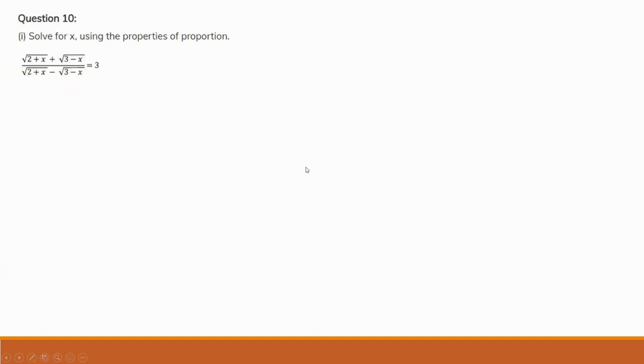So, using the properties of proportion, solve for x. First you can just write the given thing.